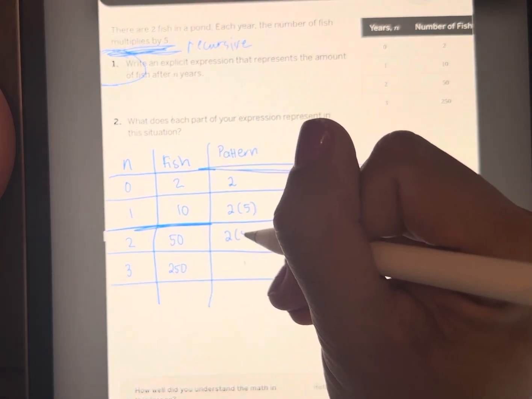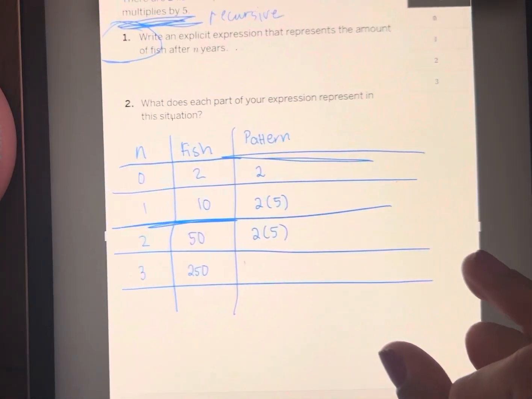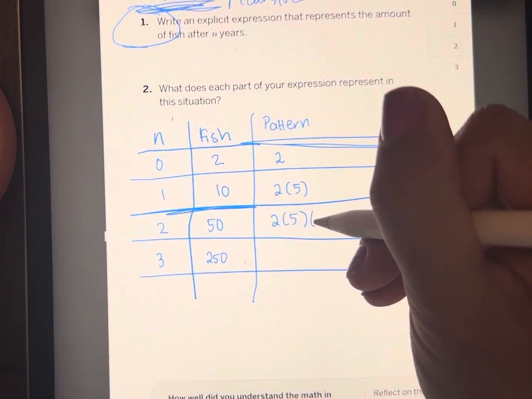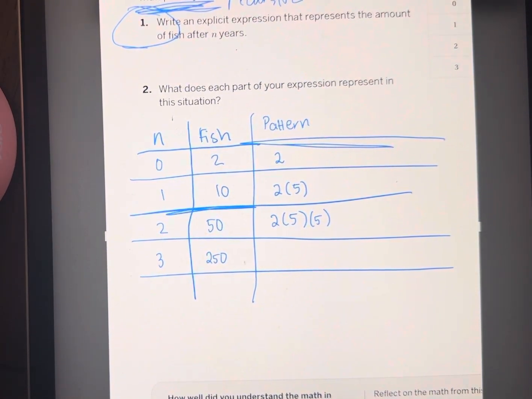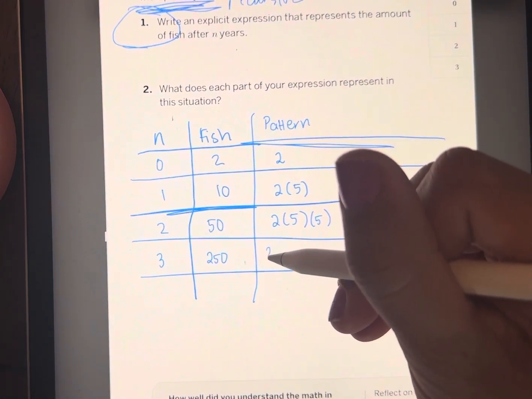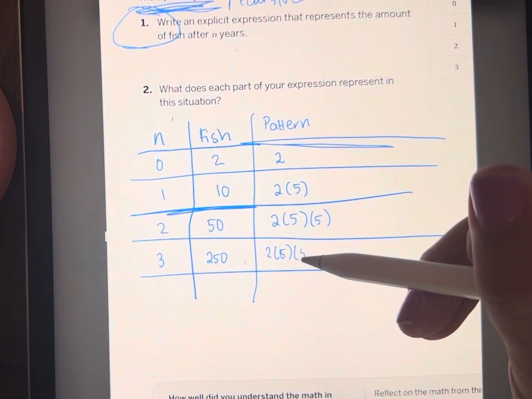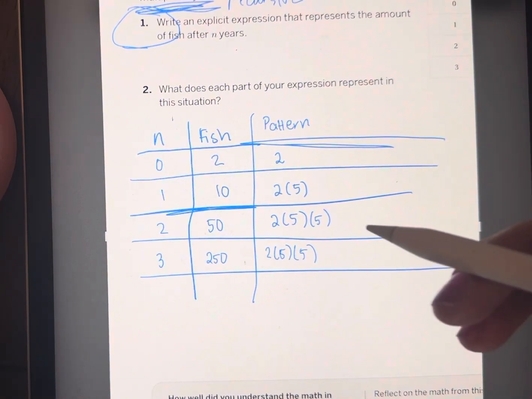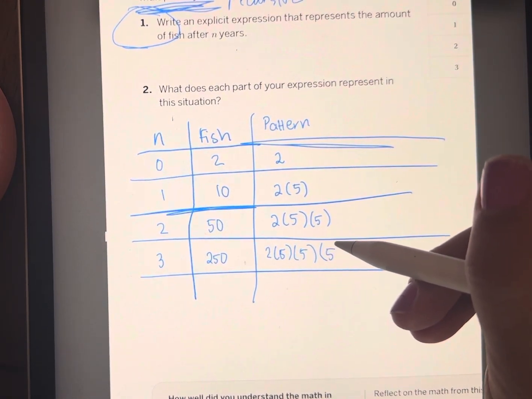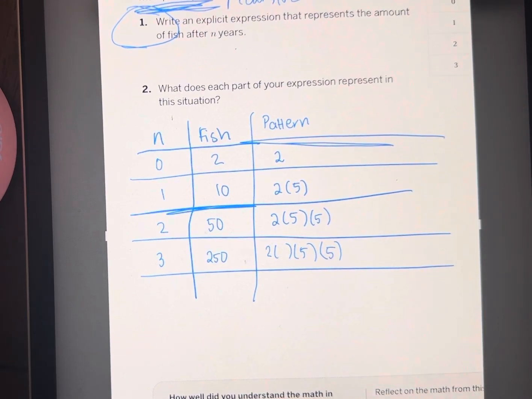So this is 2 times 5 times another 5. And then here, this is the previous step again. So 2 times 5 times 5 times another 5.